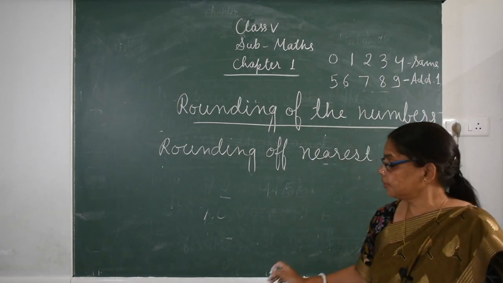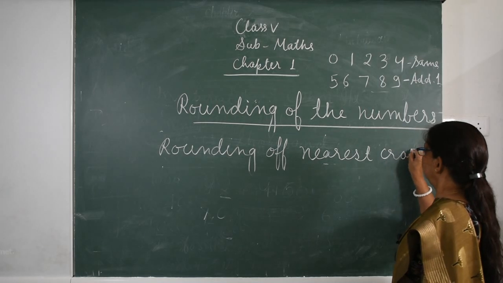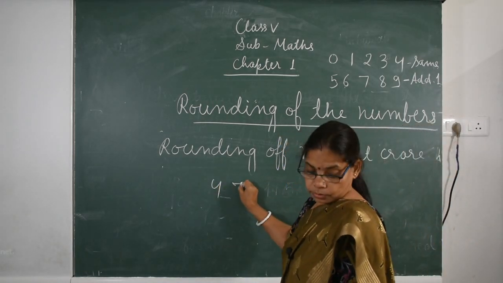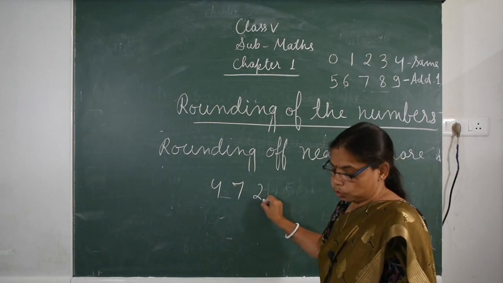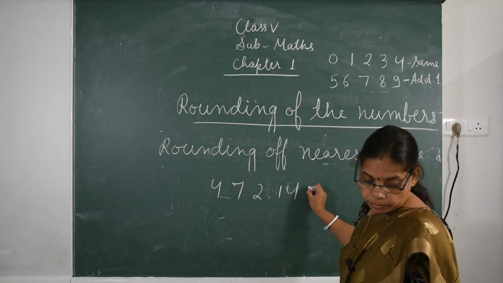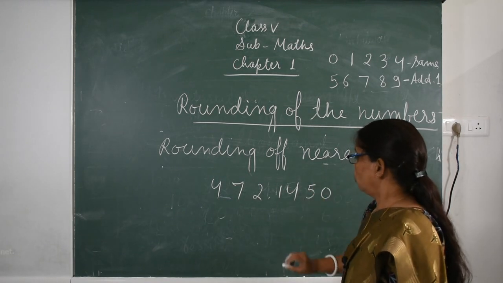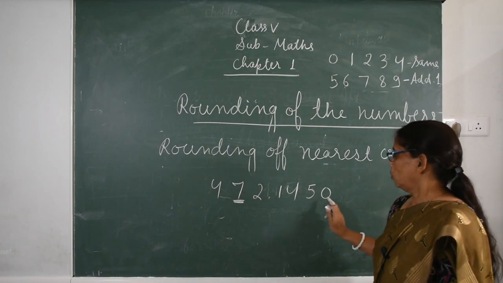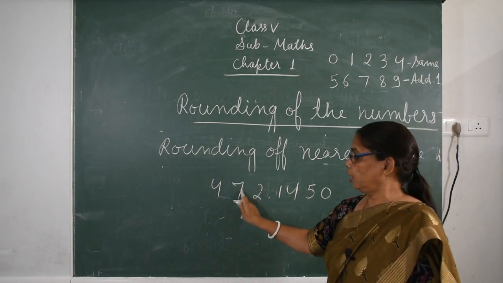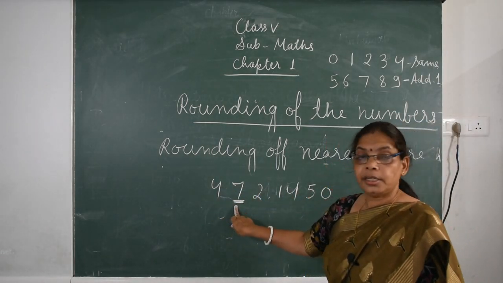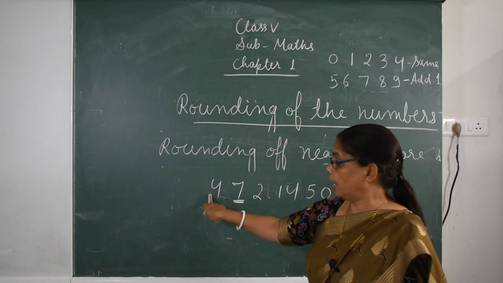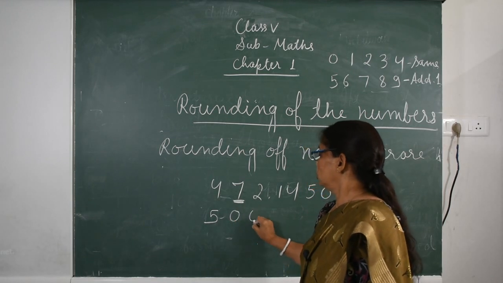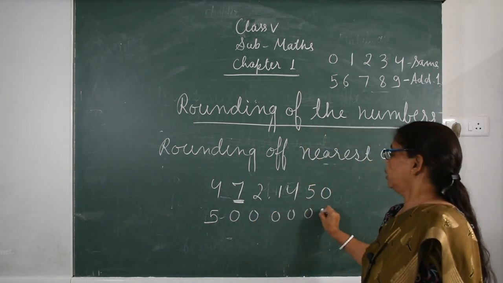Nearest crore place. 4, 7, 2, 1, 4, 5, 0. Here we see the nearest number. Ones, tens, 100, 1000, 10,000, lakh, 10 lakh and crore. This is greater than 5, so we add 1. 4 plus 1, 5, then 0, 0, 0, 0, 0 and 0.